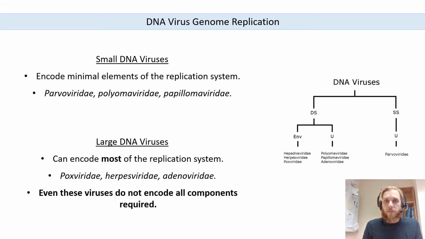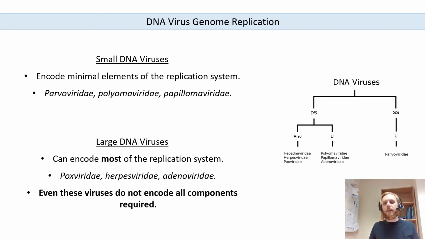The difference seems to be amongst this division of small viruses versus large viruses. So we can see the small DNA viruses rely largely upon the host cell genome replication enzymes. The large DNA viruses, however, don't rely so heavily upon the host cell genome replication enzymes.